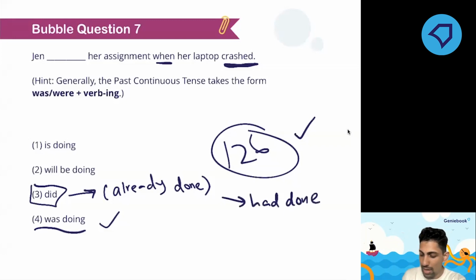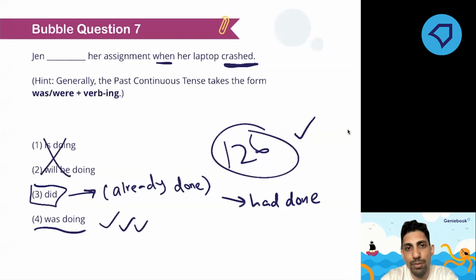If you say Jen had done her assignment when her laptop crashed, then it means did her assignment, finished, crash. Different sentence, right? Okay, so you have to use the proper tense. So the answer is was doing. Jen was doing. These two do not work because they are in the present and the future tense respectively. You can't say Jen is doing when her laptop crashed. No.